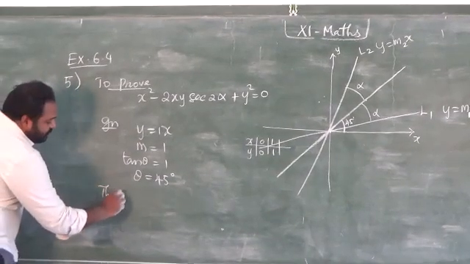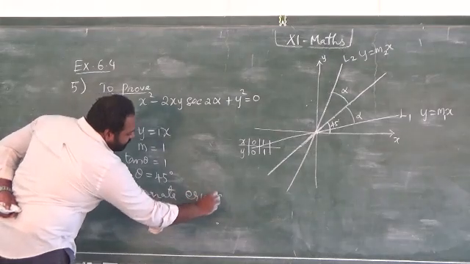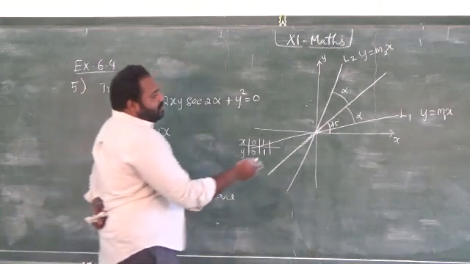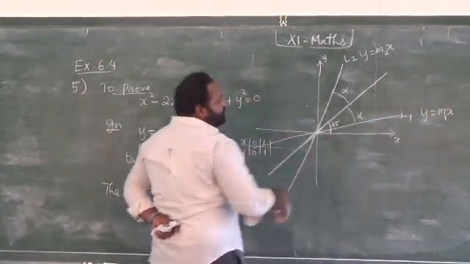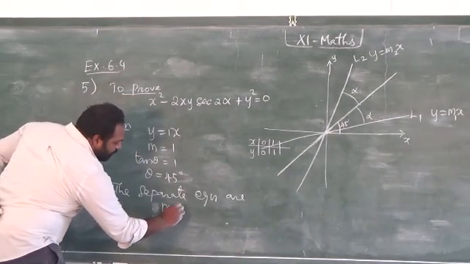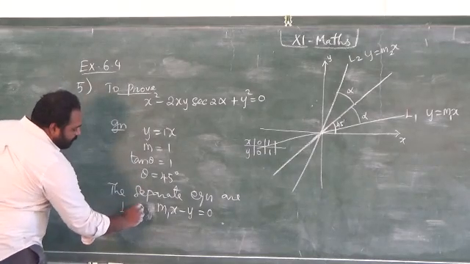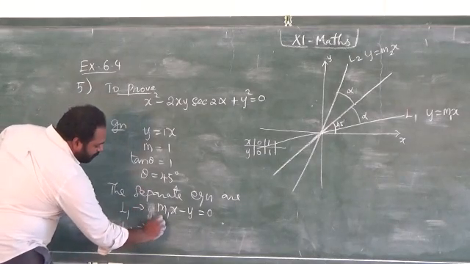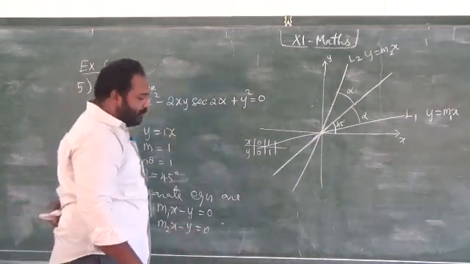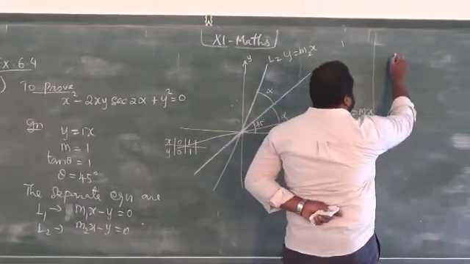The separate equations are, I just bring the y terms to this side: m1x minus y is equal to 0 from line 1, and from line 2, m2x minus y is equal to 0. Next I am going to find out the combined equation.